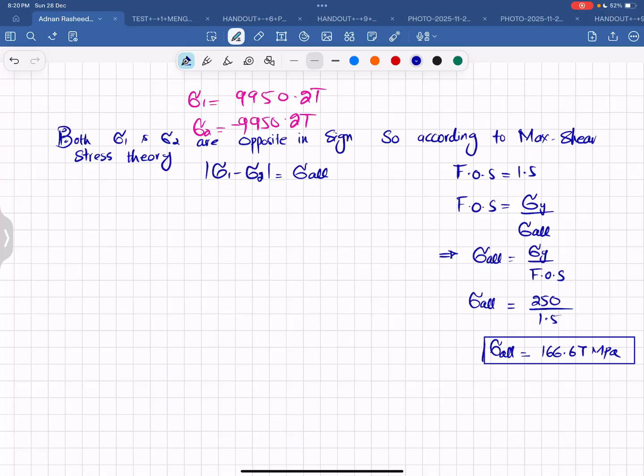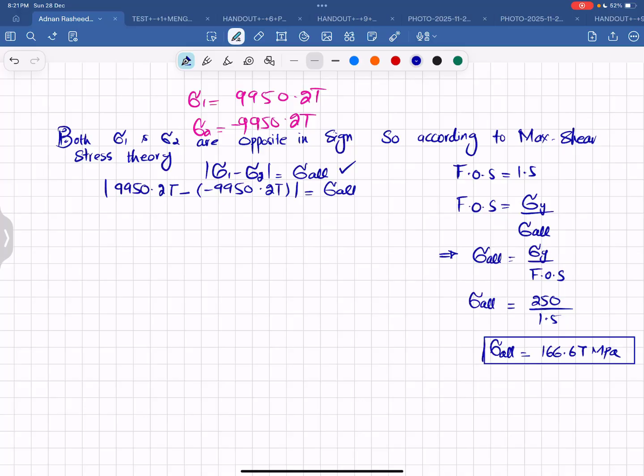So this is the allowable shear stress, and according to the maximum shear stress theory, when sigma 1 and sigma 2 are opposite, this is the condition. Sigma 1 is 9950.2t minus sigma 2, which is minus 9950.2t. Clear? That should be equal to the allowable shear stress.